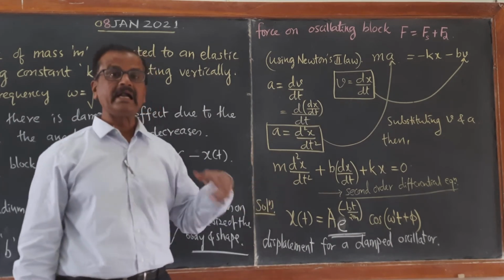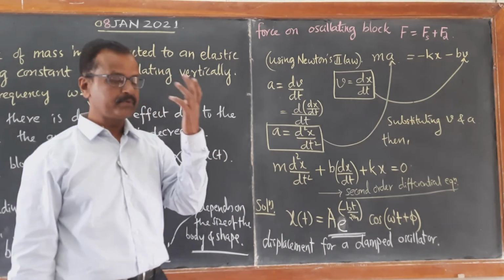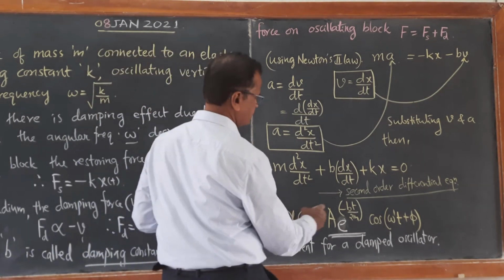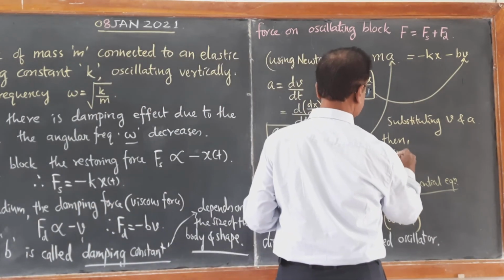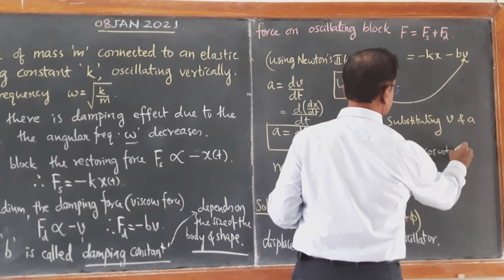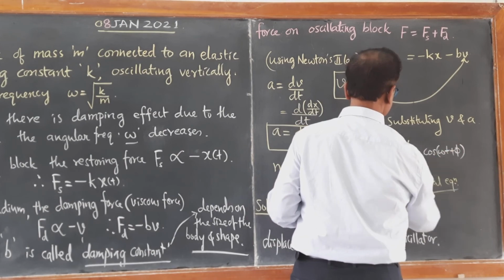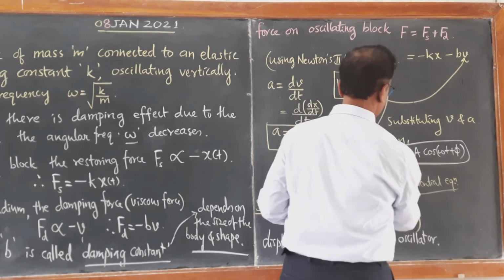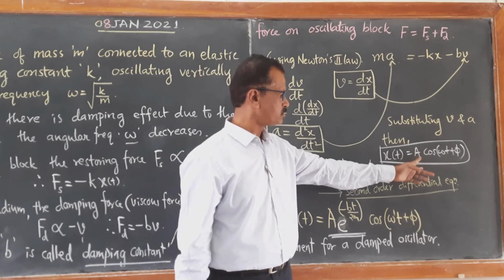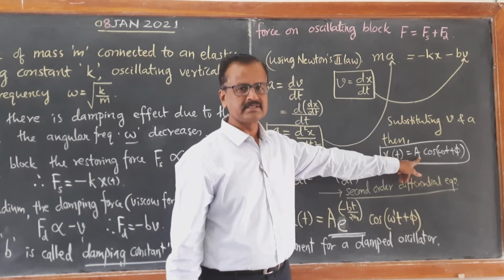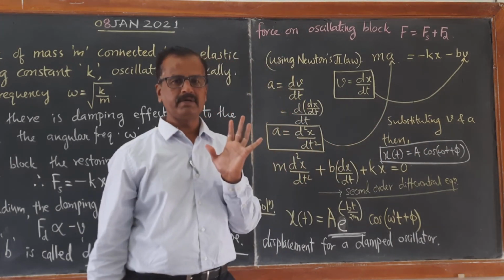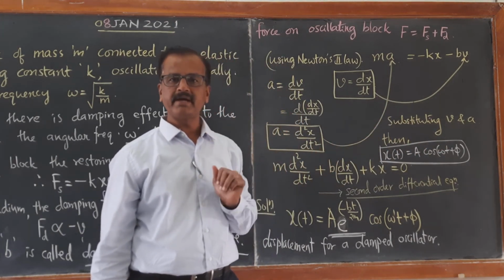For the motion of an undamped oscillator, which we solved earlier, we got x equal to a into cos of omega t plus phi. In that simple harmonic motion, the amplitude is constant and the frequency omega is also constant, given by square root of k by m.